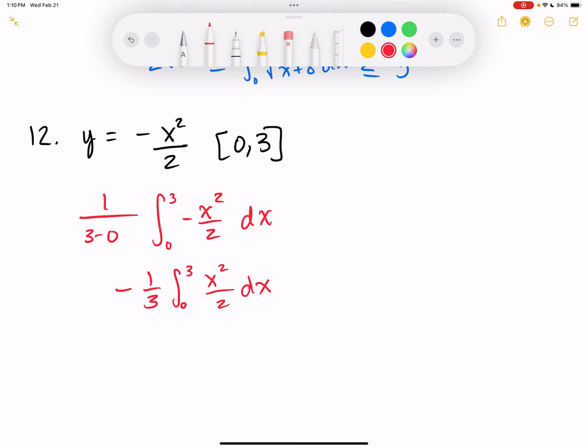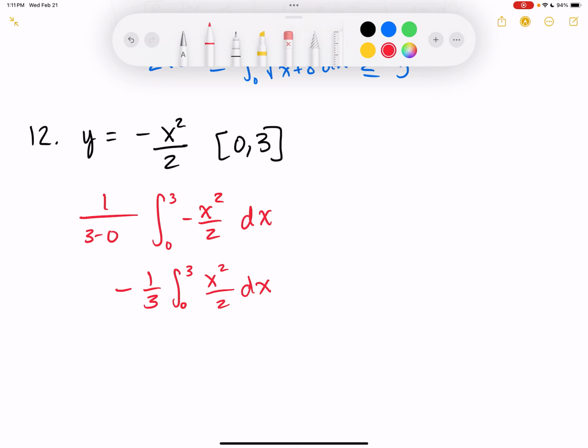All right, so you're going to go to math, arrow down to FNINT. And then in the little boxes, we put in the different parameters. So 0 to 3, x squared over 2. And then you have to do this little box out here.